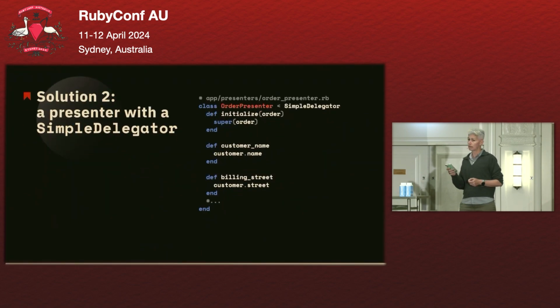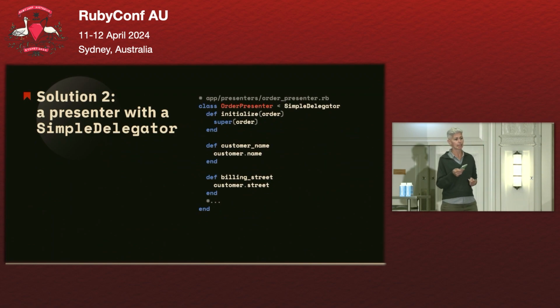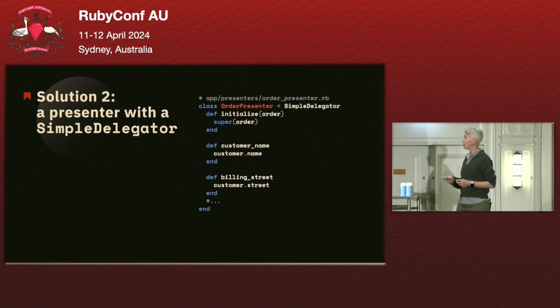One slightly better option is to use a presenter with a simple delegator. In this case, I created an order presenter, and I'm defining all those relationships on it. You will need to instantiate that order presenter in your controller to be able to access those extra methods in the view.